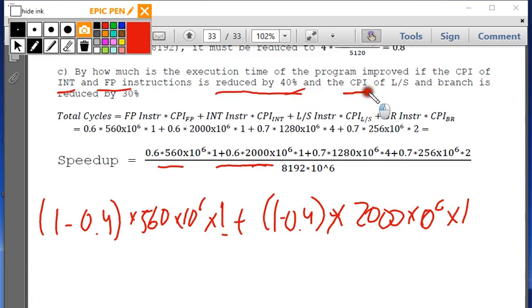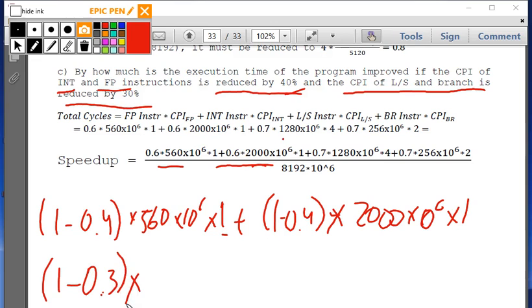So next, since we have CPI of load, store, and branches reduced by 30%, what are my next values that I'm going to add? 1 minus 0.3 times what? 1280.